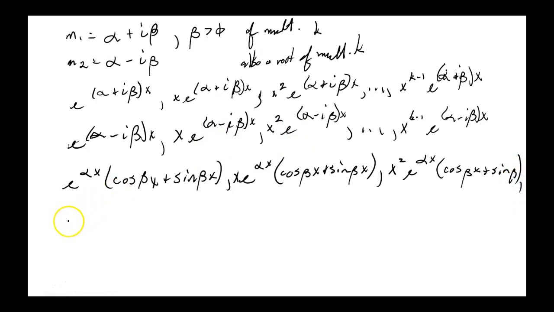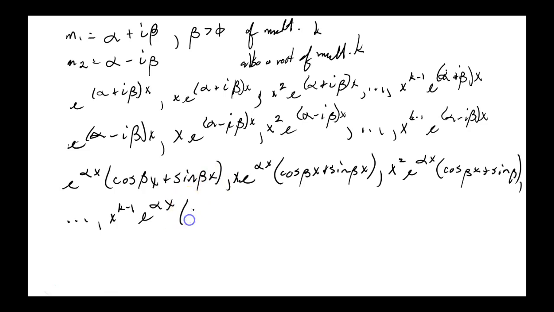And then you dot, dot, dot that on down to and including the x to the k minus 1, e to the alpha x times cosine beta x plus sine beta x.